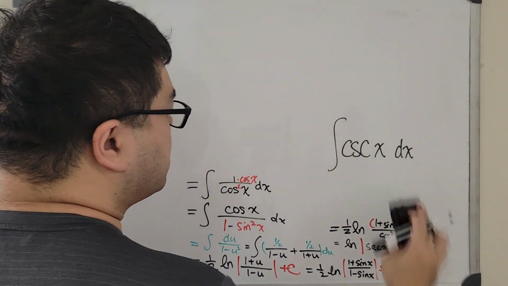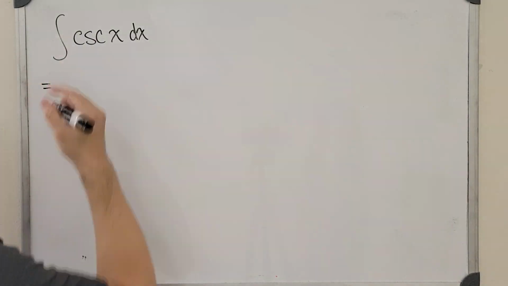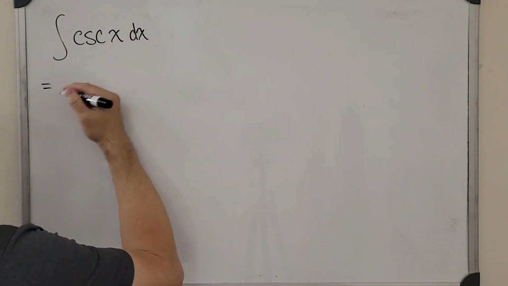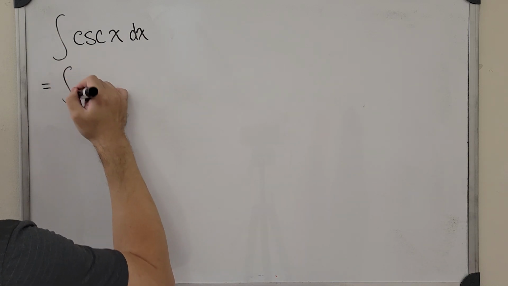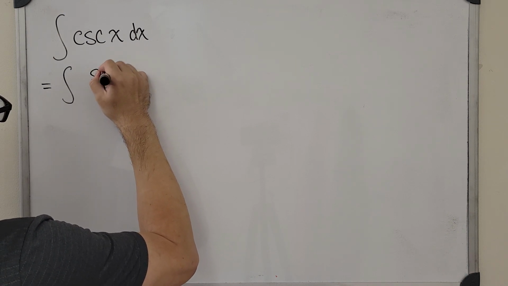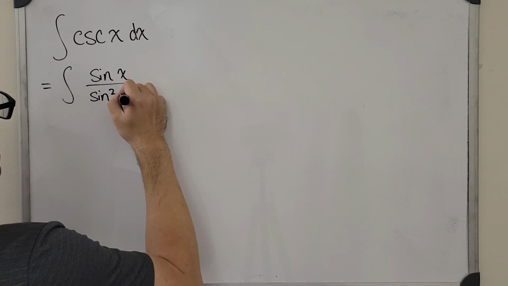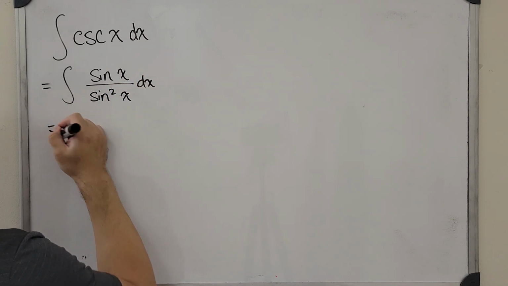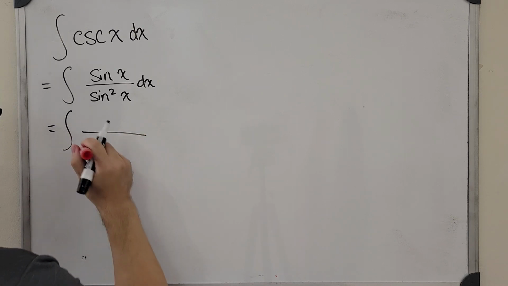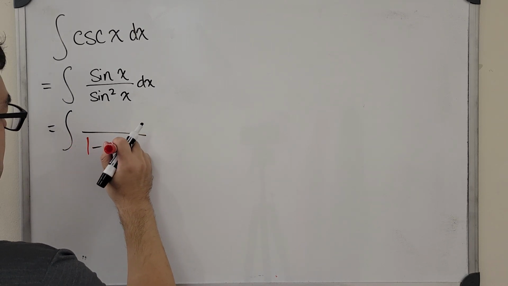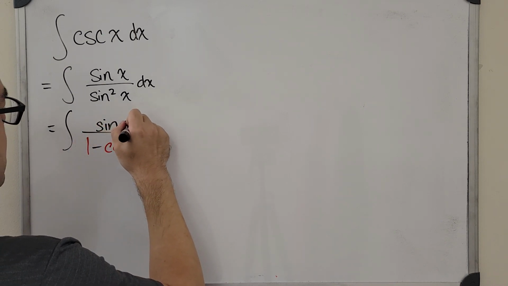If we're going to do the same thing, we're going to first rewrite cosecant as 1 over sine by definition of cosecant, and then we're going to multiply both top and bottom by sine, so that we actually get sine of x over sine square of x dx. And we're going to rewrite the denominator as 1 minus cosine square of x by the Pythagorean identity.